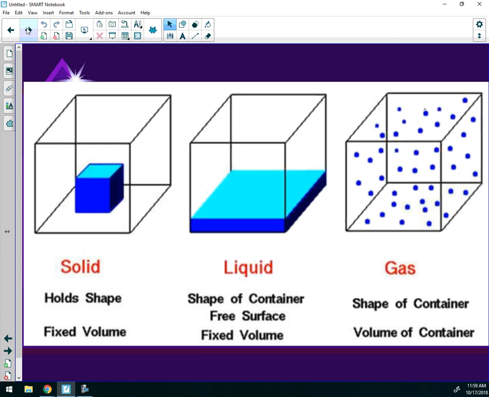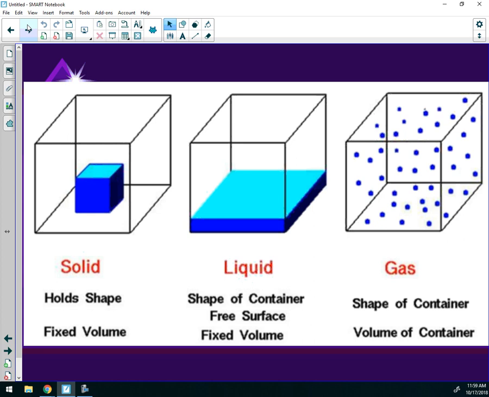Then two characteristics that we need to know for gas is that they take the shape of the container and they also take the volume of the container. So depending on how large the container is, that will be the volume of gas that you have. So I might have a 50 gallon drum and I put a gas in it. It will take up the entire 50 gallons. But I may pour that into a half drum or something a little bit smaller, and that gas will compress to fit into whatever container I put it in.